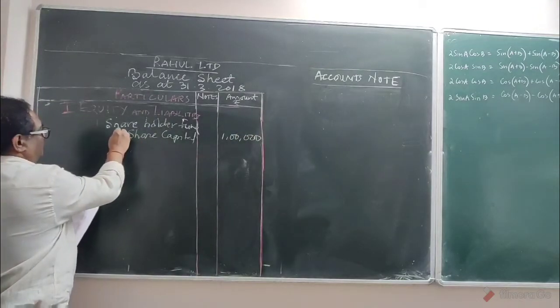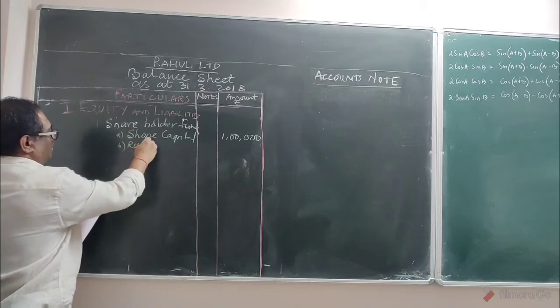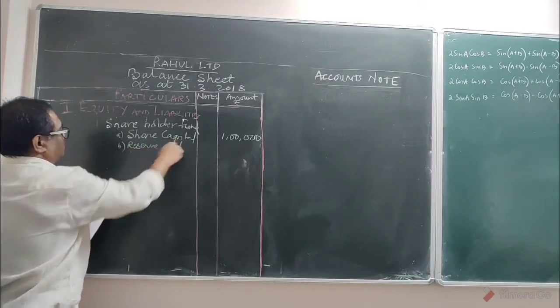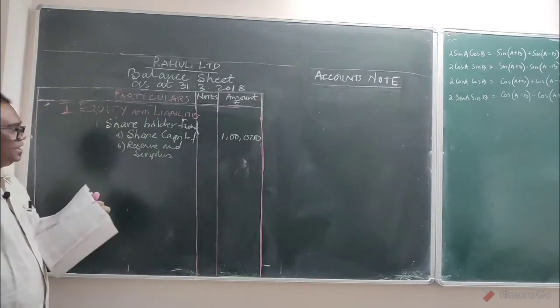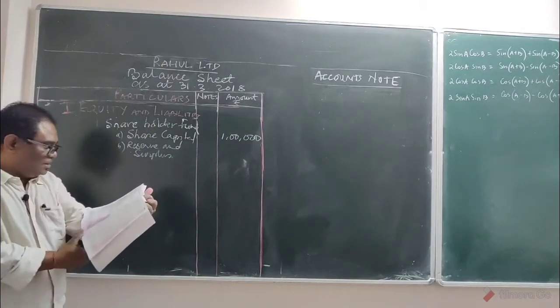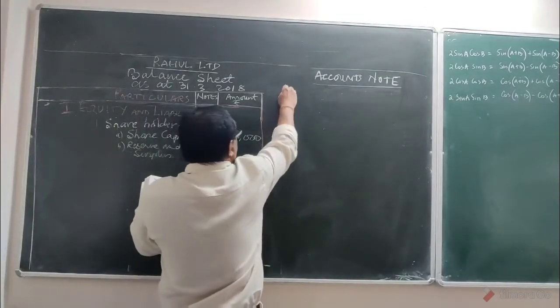Now, number B, we have reserve and surplus, under the heading shareholders fund. The item inside reserve and surplus, as per the question, is capital redemption reserve. You have to write this in the accounts note.